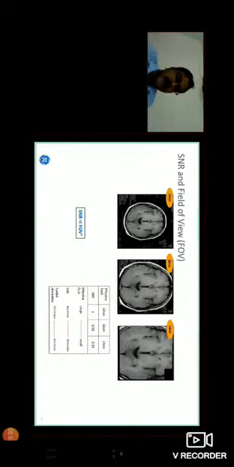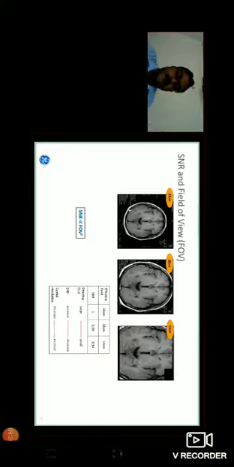Let's see how it will happen if you change the field of view. So it is proportional to the square of the FOV. So this is a 24 centimeter FOV. All other scanning parameters are constant. And here you can see this is a 14 centimeter FOV.